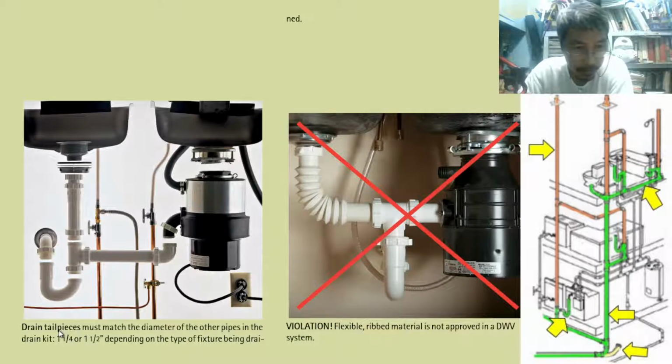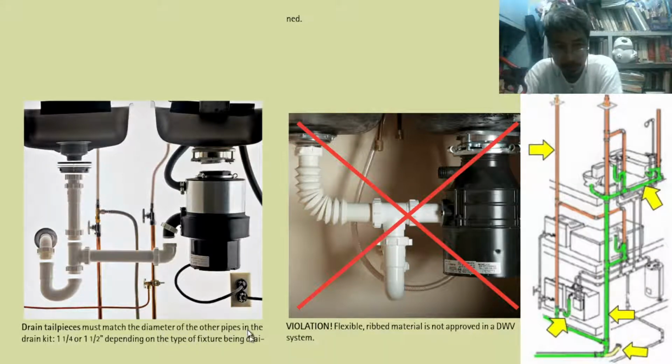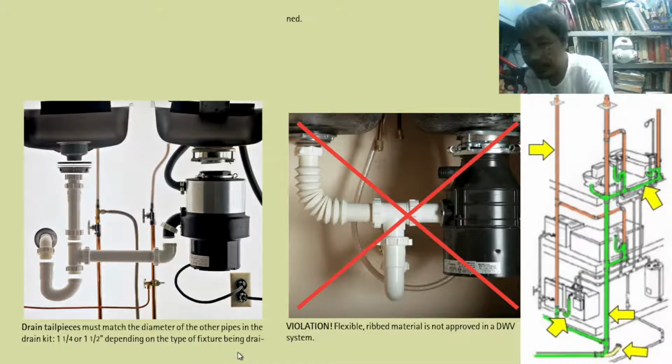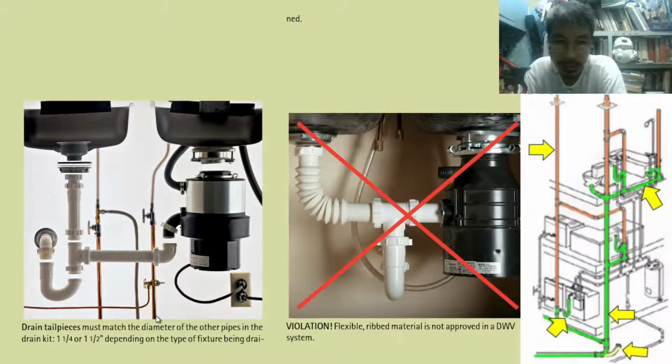Drain tail pieces must match the diameter of the other pipes in the drain kit, 1 and 1/4 or 1 and 1/2, depending on the type of fixture being drained. For vanity fixture, that is 1 and 1/4.